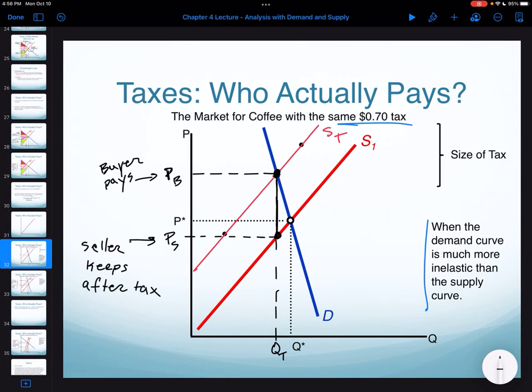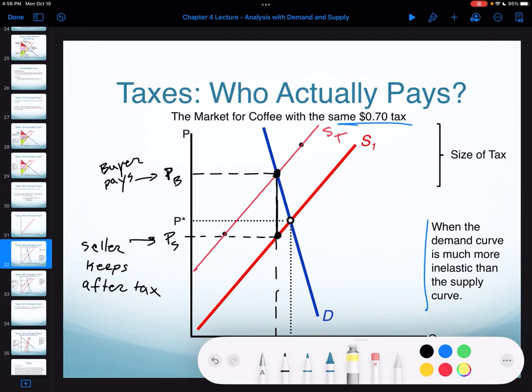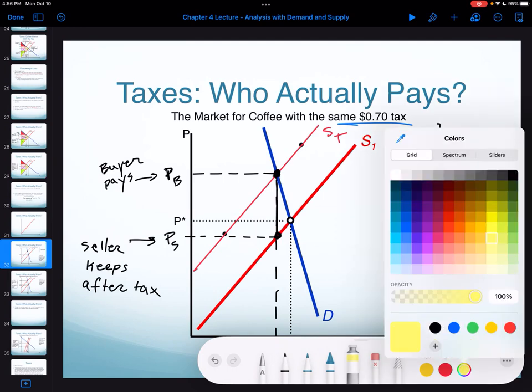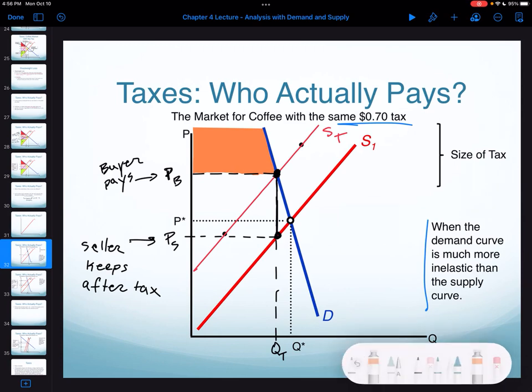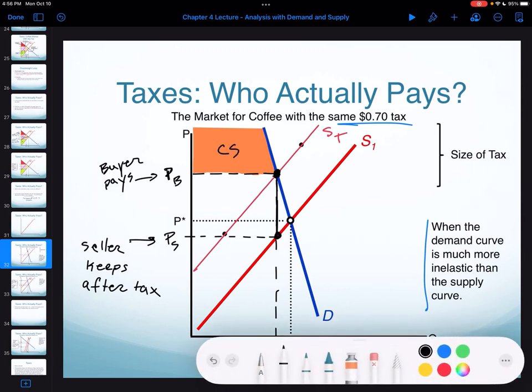Okay, so we've done this part before, and we can label in all the different areas. So let's go ahead and do that. Let's go with a nice orange. This area up here is, of course, consumer surplus, CS.